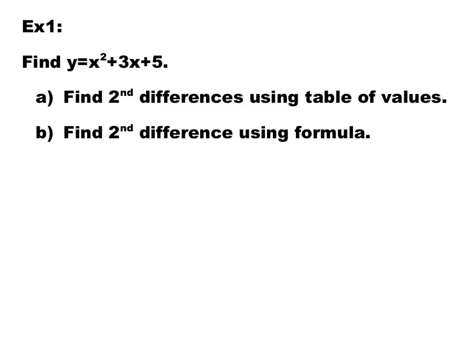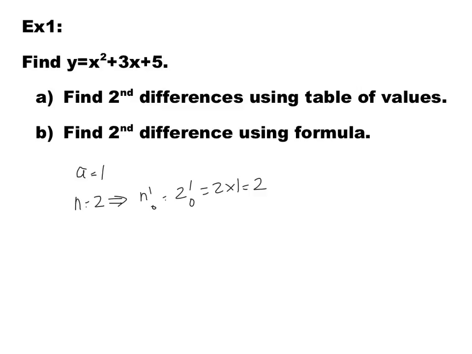Now the second part of the example is asking us to find the second differences using the formula. Using the formula, we know that a is equal to 1, n is equal to 2. So from here I know that n factorial is 2 factorial, which is 2 times 1, which is 2.